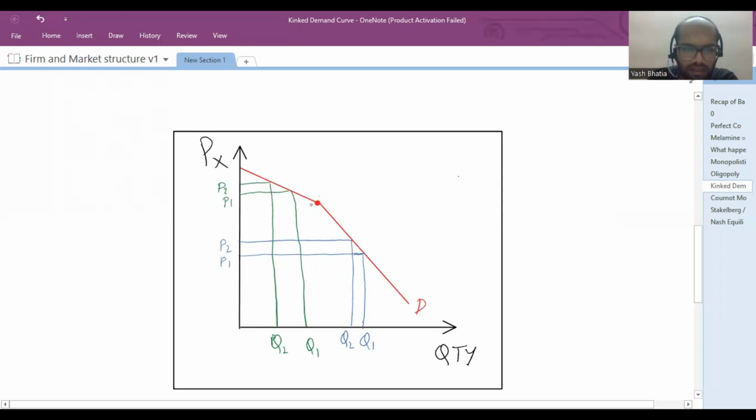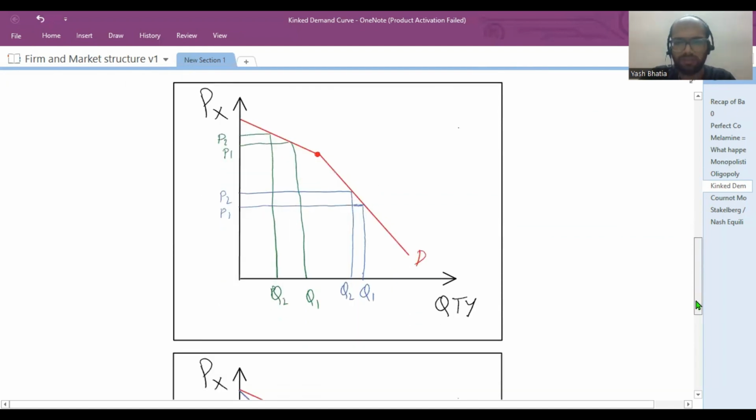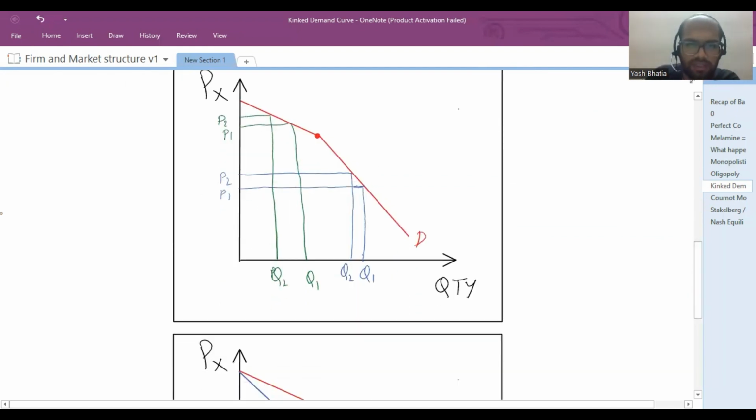If you are operating at this price where there is a kink, say P star, then above P star the demand curve is more elastic, and the demand curve below this is more inelastic or less elastic.